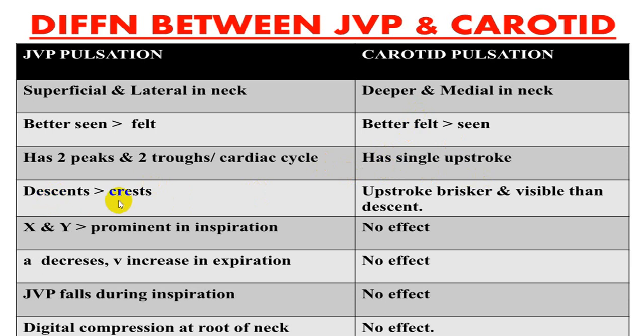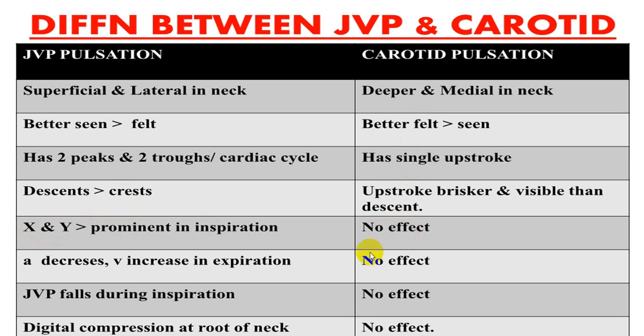In the JVP, descent is more prominent as compared to ascent, while in the carotid the upstroke is brisk and more visible than the descent. So here upstroke is better seen than descent, and there descent is better seen than ascent. The X and Y descents will be more prominent during inspiration, while inspiration will not make any change to the carotid upstroke or downstroke.